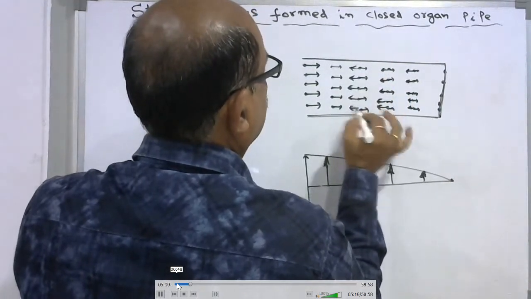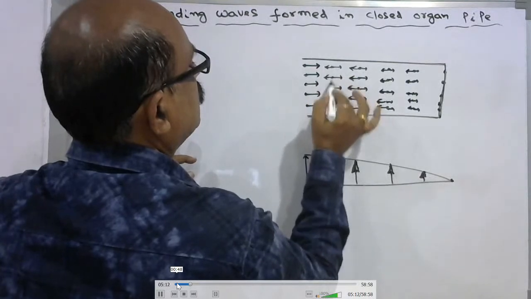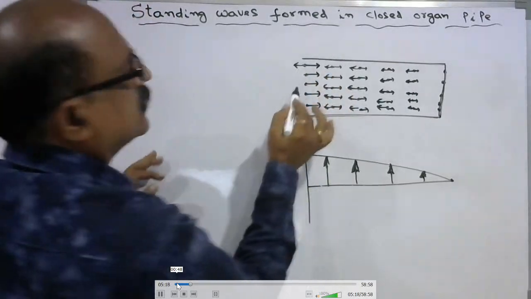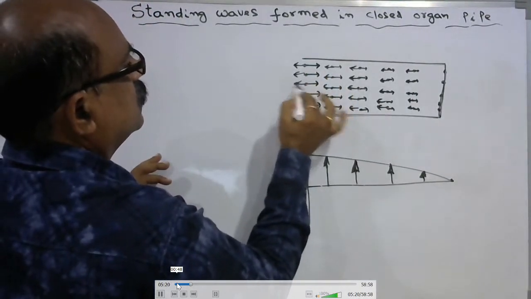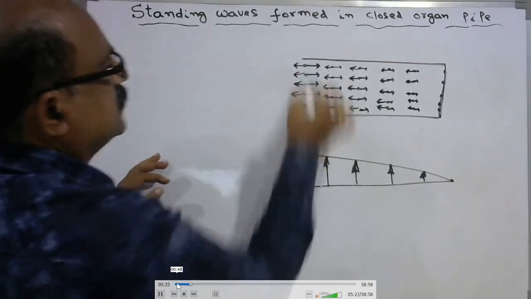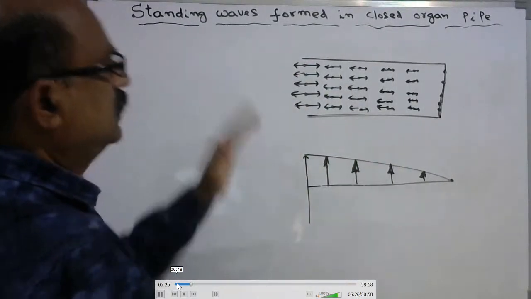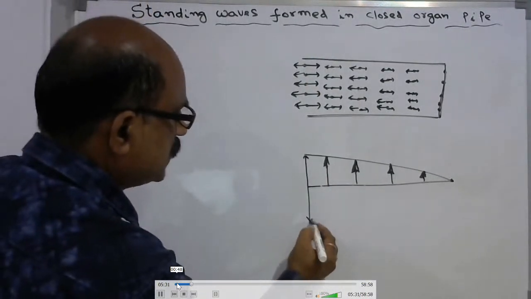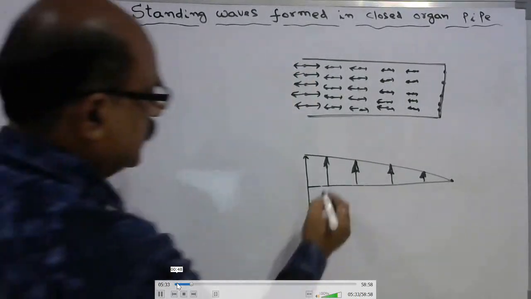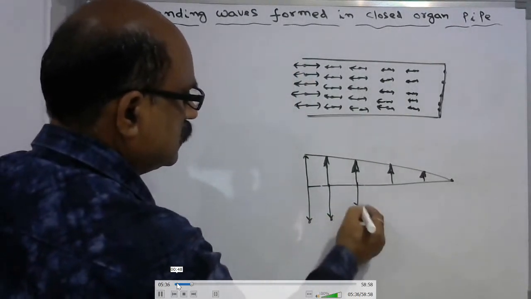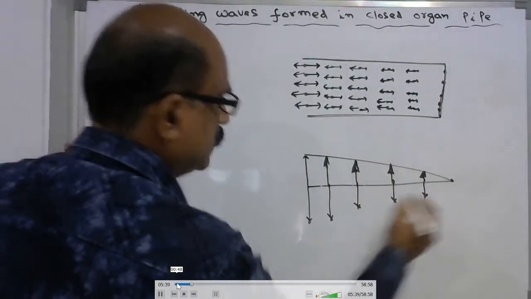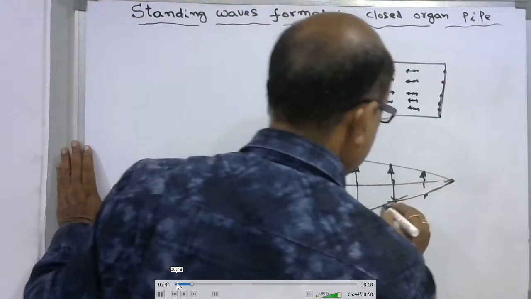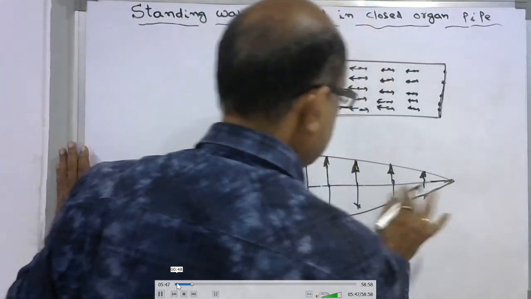They come back with increasing displacement and reverse by phase angle pi as they are reflected at a rigid boundary. So the degree of freedom is more at this end. That is why the displacement is more and they reverse by pi in phase. So you can write down the displacement in the reverse way like this, and this will be like this. This is the waveform under our consideration.